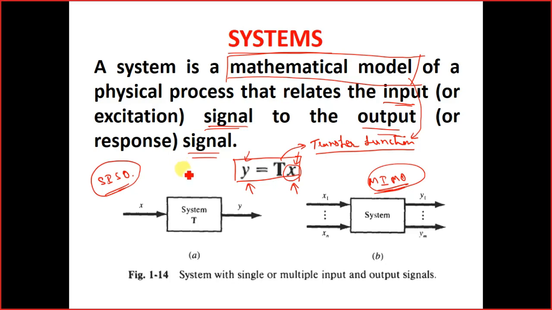Now in the single input, single output system, say for example, we have an amplifier, a non-inverting amplifier. In a non-inverting amplifier, what is the input-output relationship?